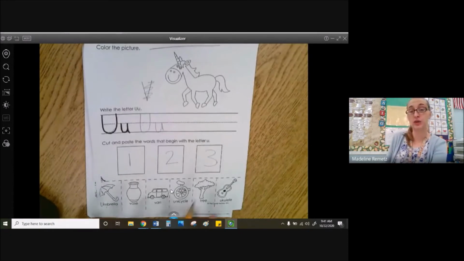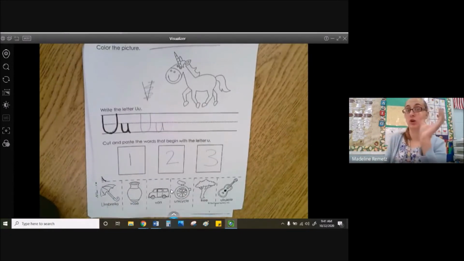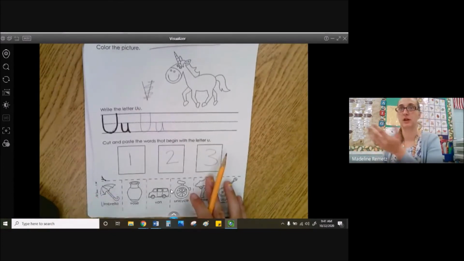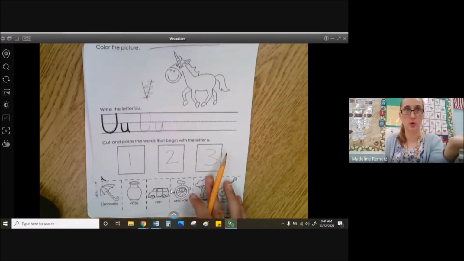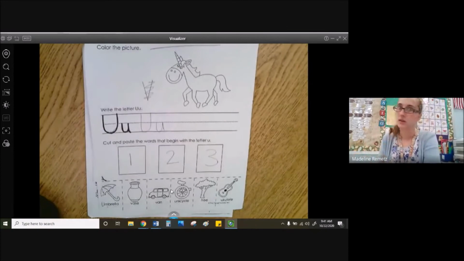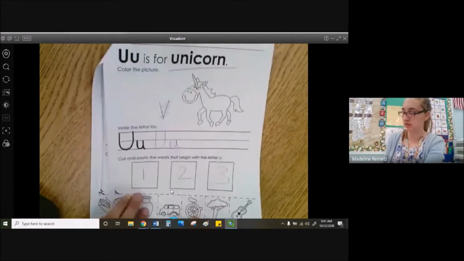Well, which 3 words here start with the letter U? Sometimes it might not sound like it starts with that letter, but it is written like it. So that's something you really need to make sure you're looking for. Just like when we had the letter O and it started with O, but it read with a P, so it was possum, but it had an O, so it was an O word. Writing can be very confusing.